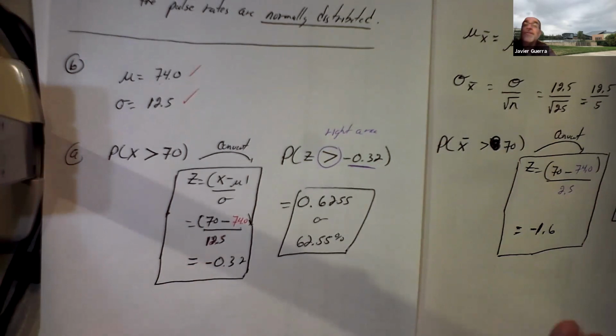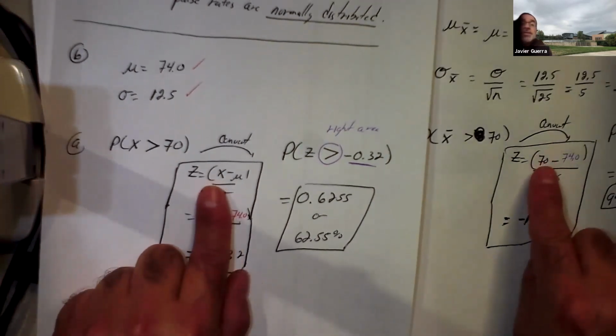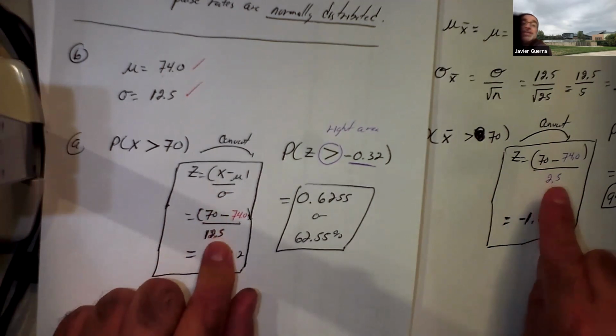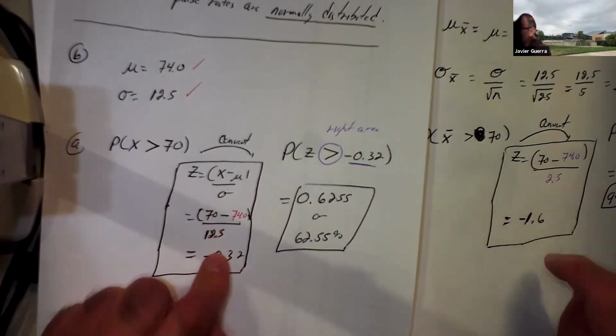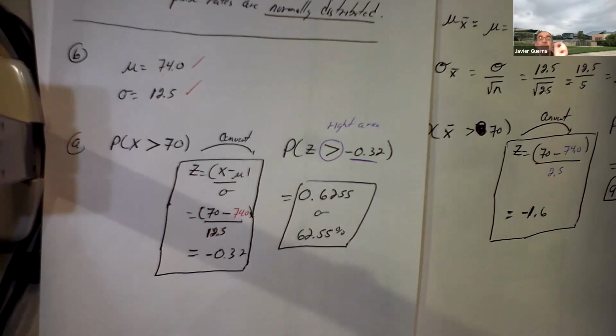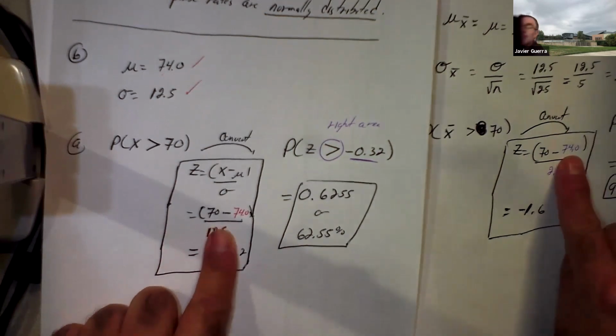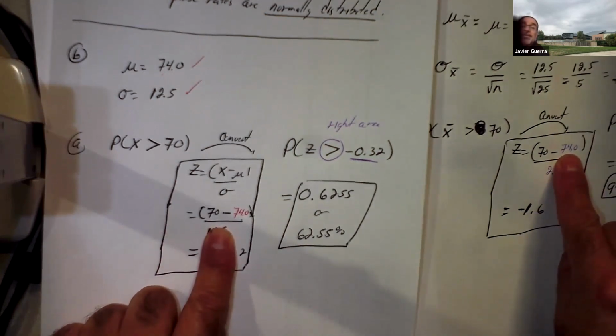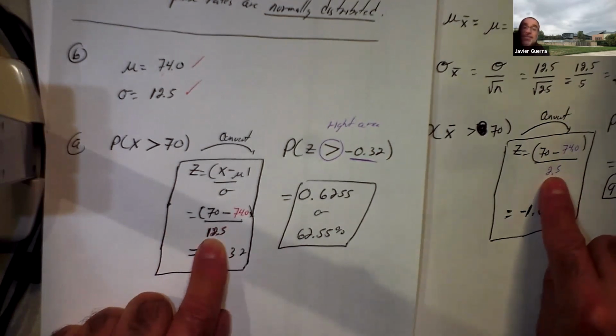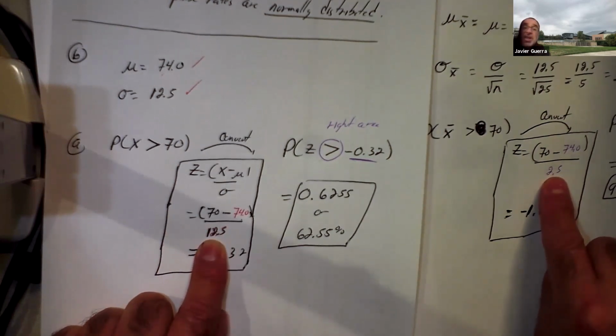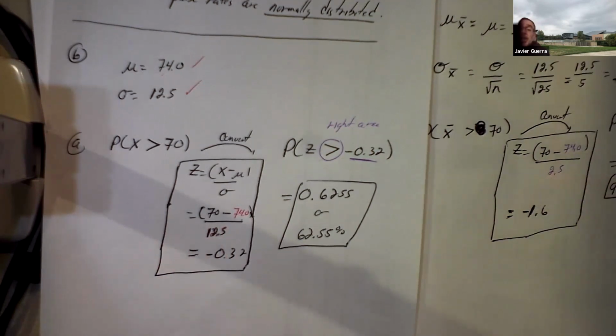What is the fundamental difference between the formulas? What was the only thing that changed from our conversion formulas? Because I see 70 minus 74 in both of them, right? But do you all see that the denominator is the only thing that changed? That's the only thing that changed.